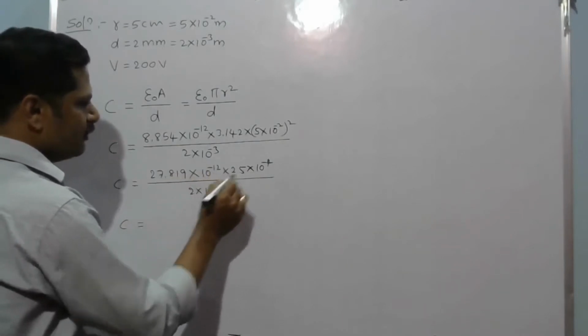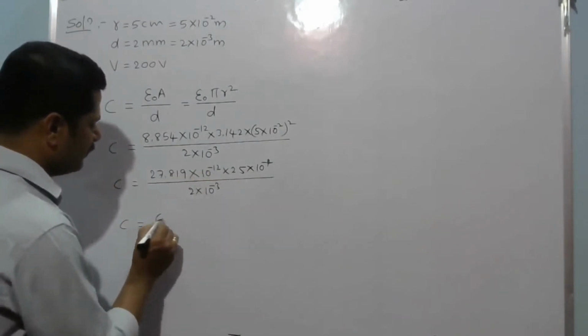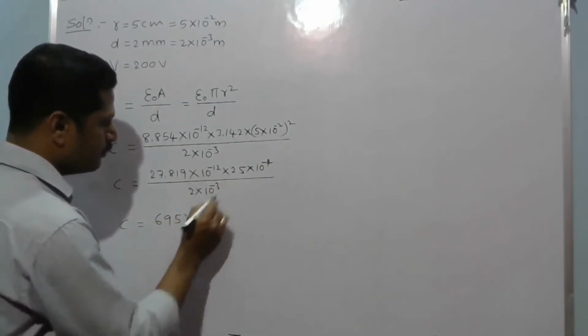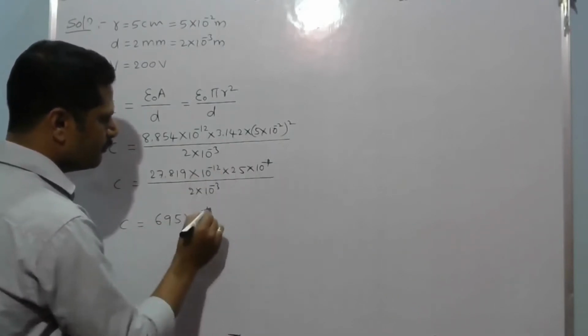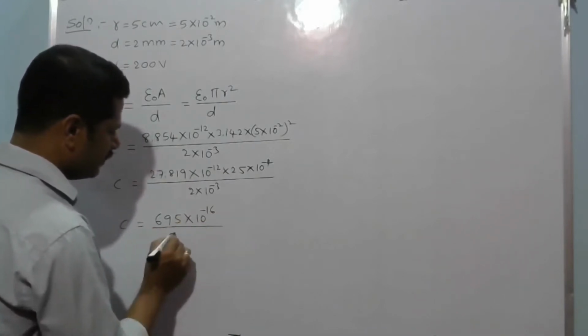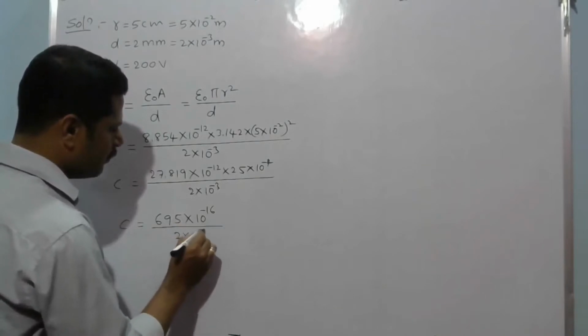Now C is equals to 27.819 into 25, that is 695 into 10 to the power of minus 12, 10 to the power of minus 4, it will become 10 to the power of minus 16, divided by 2 into 10 raised to minus 3.